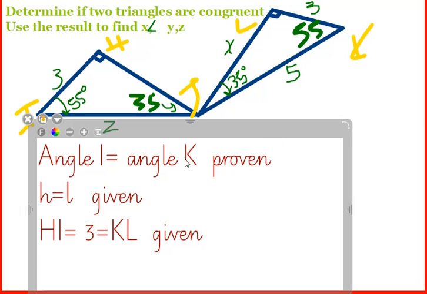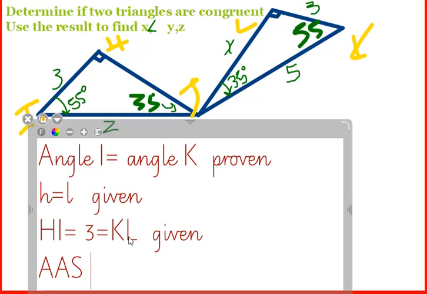And because we have 3 statements, we can conclude that the first one is angle, the second one is also angle, and this one is the side, the one that has a 3. So angle, angle, side.